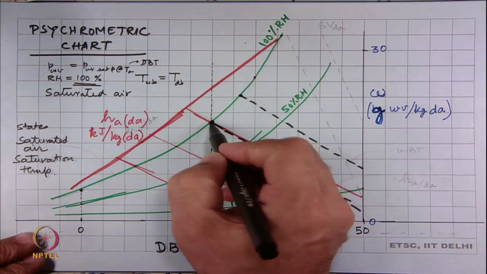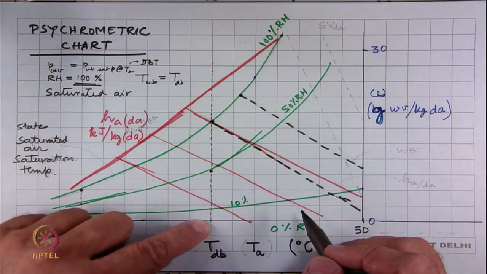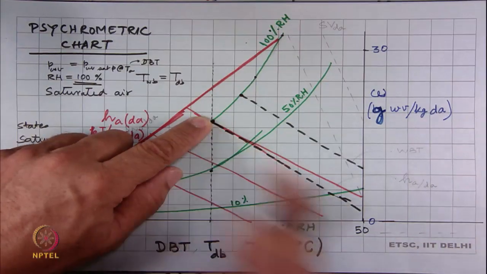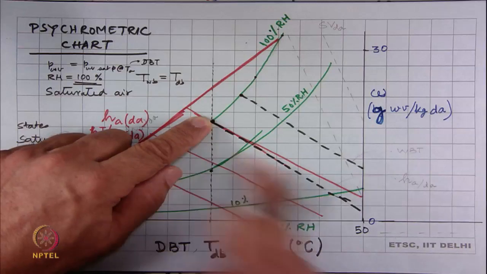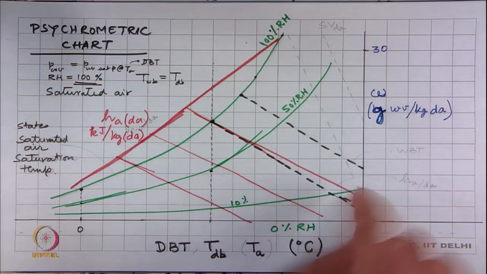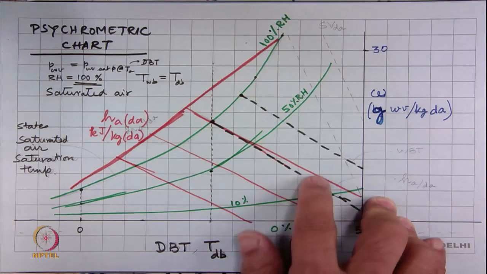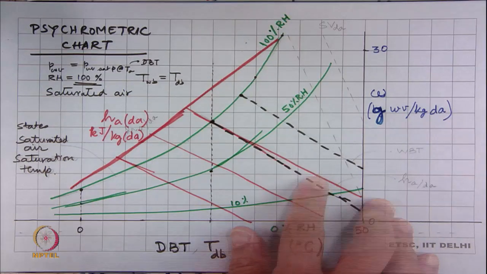At this point, the DBT and WBT are the same. So, if this was a 20 degrees Celsius DBT, this line is 20 degrees Celsius WBT. So, like this we get lines which look almost the same as the isenthalpic lines, but they are slightly steeper than the constant enthalpy lines.